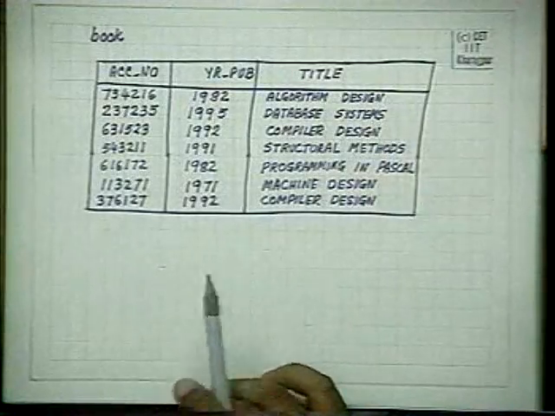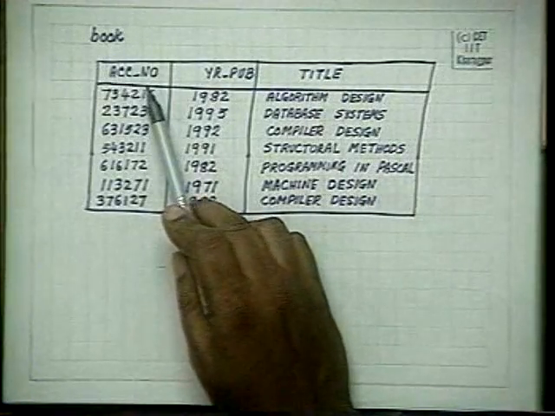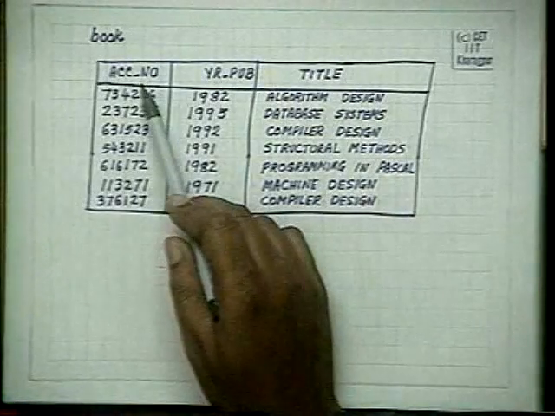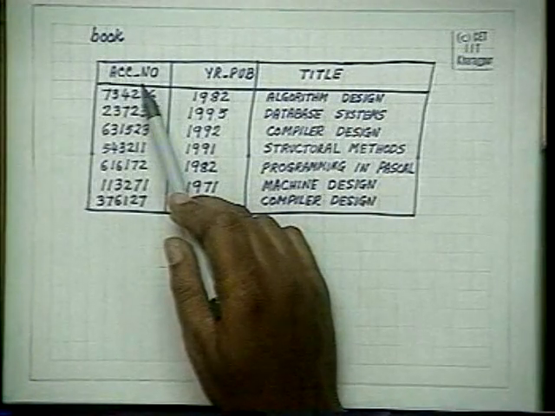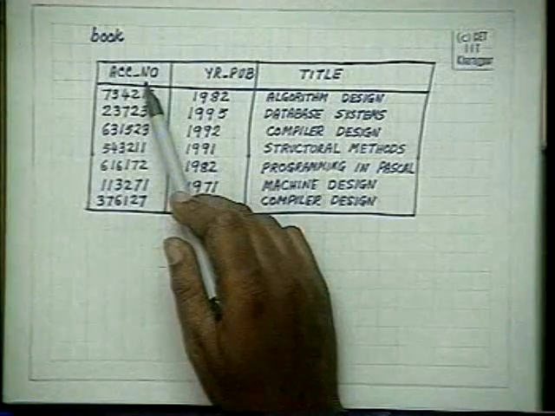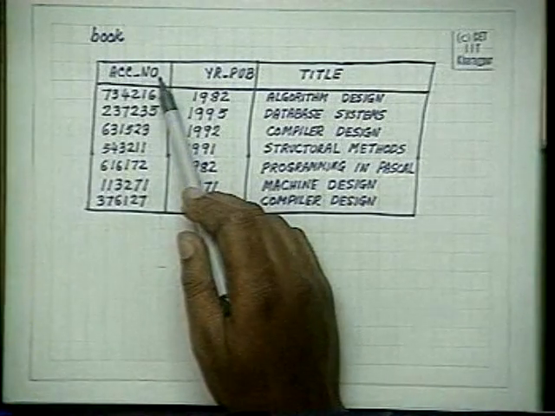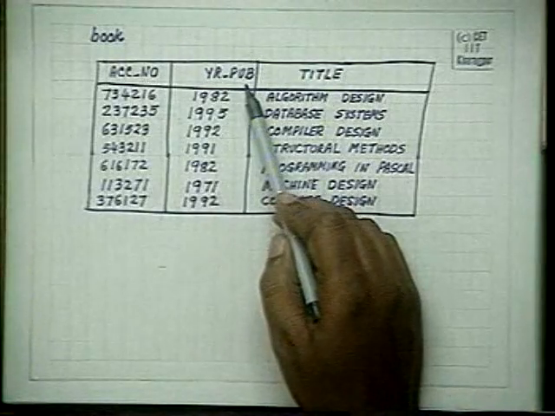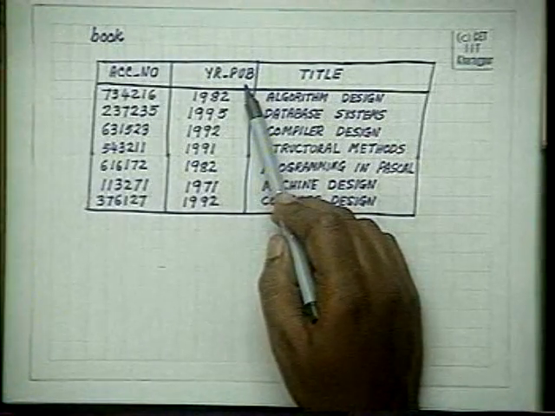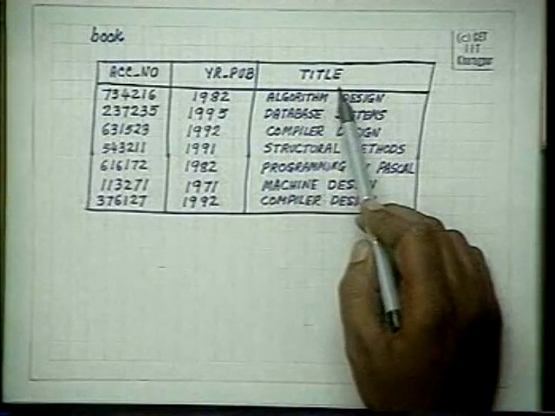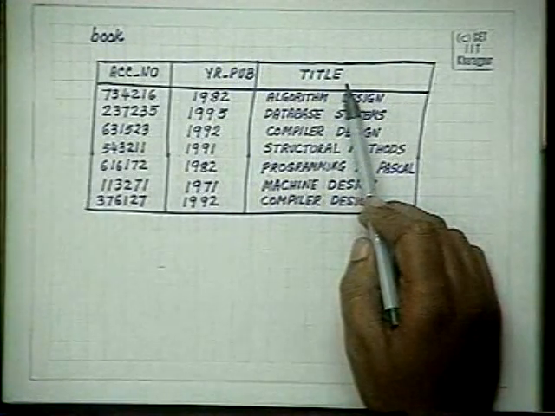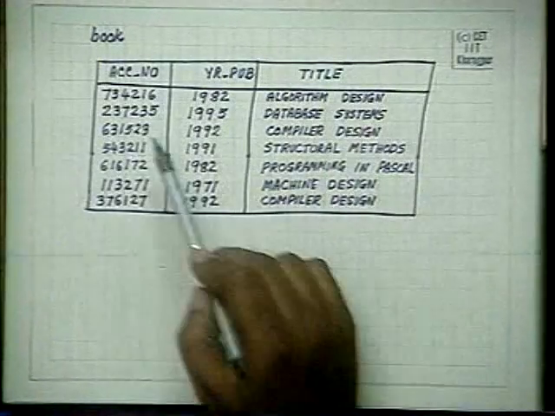For example, the book relation has attributes accession number, year of publication and title. Accession number may be all integers less than or equal to say 1 lakh or say 10 lakhs. The year of publication is a 4-digit number, which is a standard year of publication, and title is a string of characters of length at most say 50.